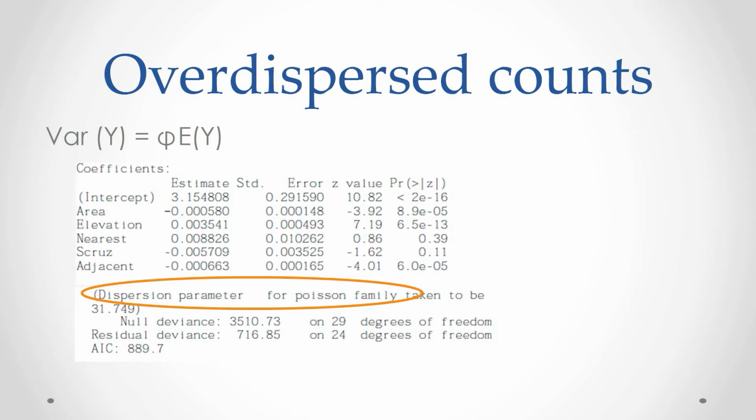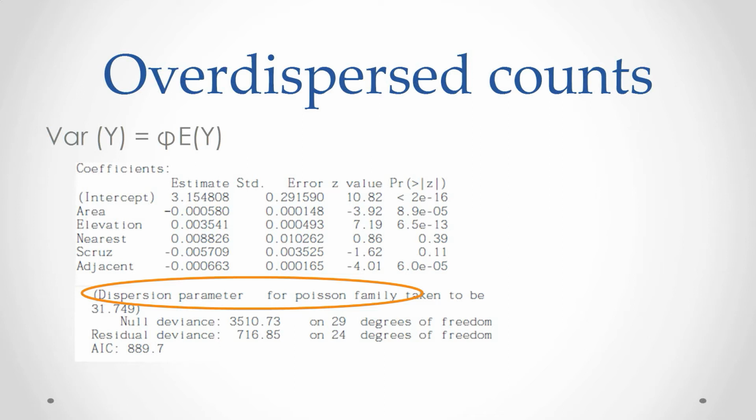So this is an example which is based on an R illustration for count data where the variance of y is not equal to E of y, but rather variance of y is equal to some factor phi multiplied by expectation of y, and the circled part of the code says that the dispersion parameter for the Poisson family is taken to be 31.749.